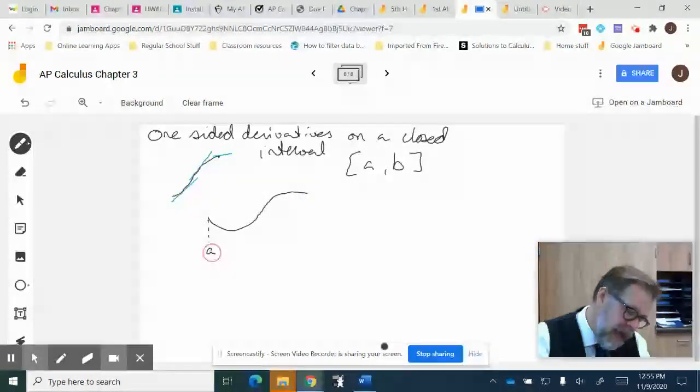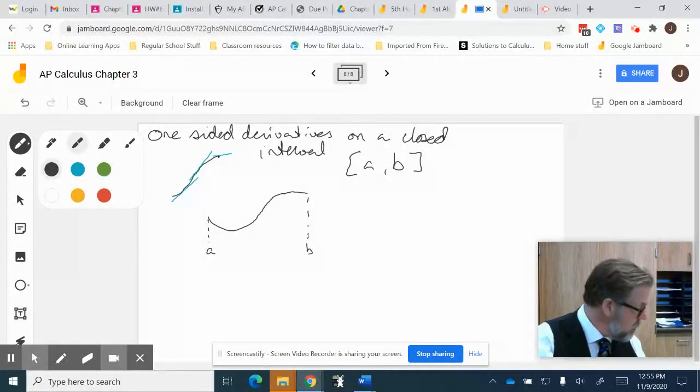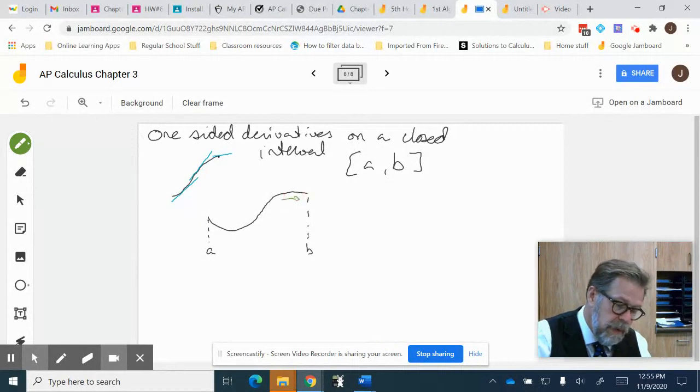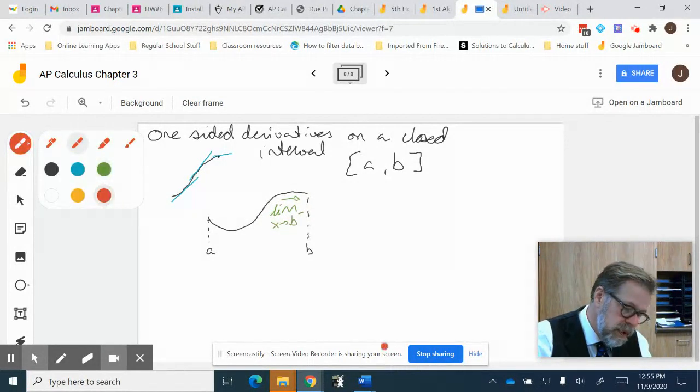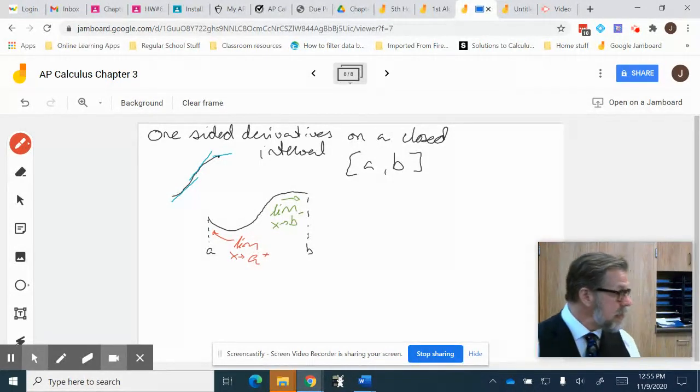And this is at A, and this is at B. And we are going to have the limit as x approaches B from below, and we're going to have the limit as x approaches A from above. And we are going to, in fact, be able to define the derivative inside this interval.